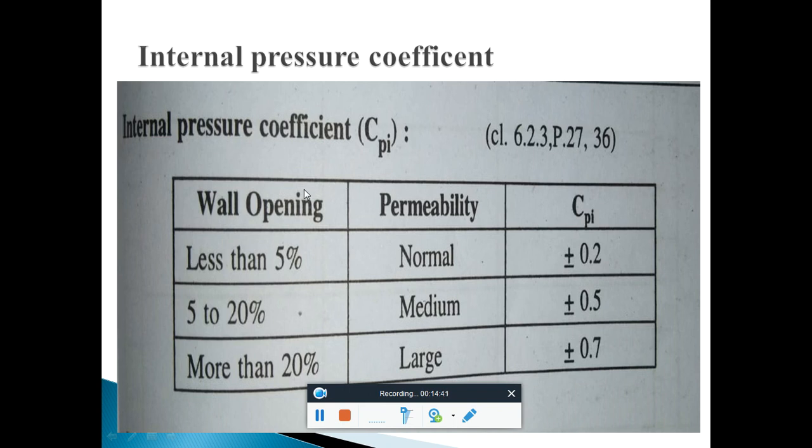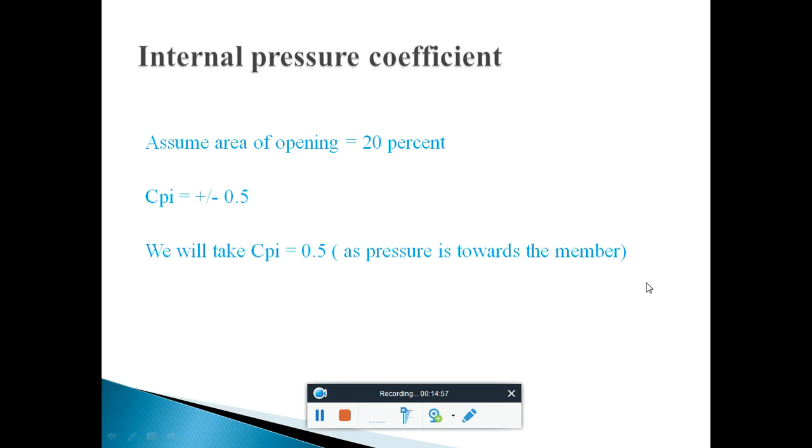It depends upon the area of opening, that means windows, doors, or whatever the opening area is there. Calculate that opening area and from that take the CPI value. So in my project I have assumed the area of opening 20%. This I have assumed, or for students you have to assume this data. So it comes 0.5, so we will take CPI 0.5 as pressure is towards the member.